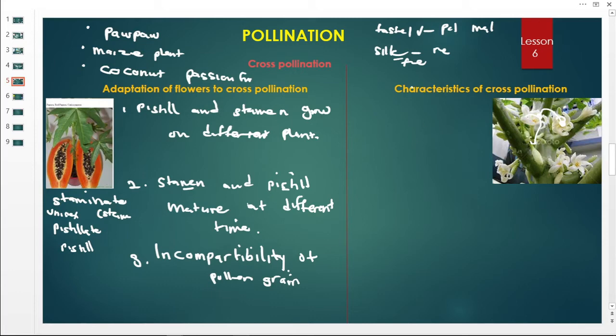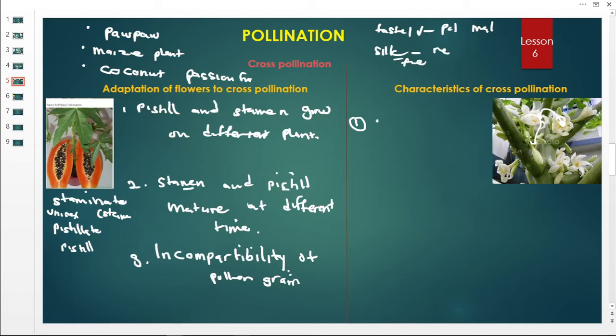Then let us now get the characteristics of these cross-pollinated flowers. How do they behave? Because the pistil and the stamen grow on different plants, there is a need for agents of pollination, as we shall see, meaning that they have brightly colored petals to attract these agents.